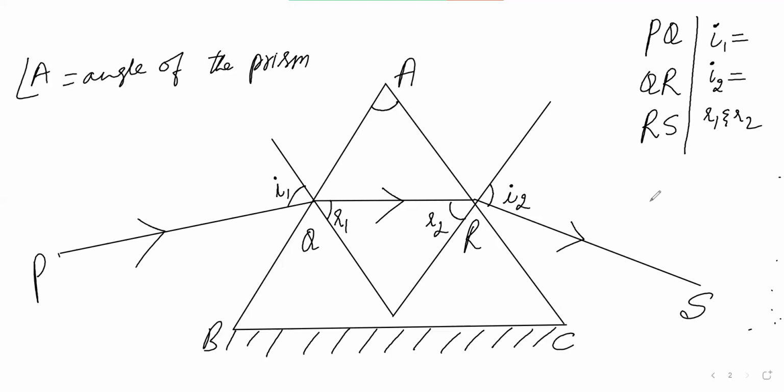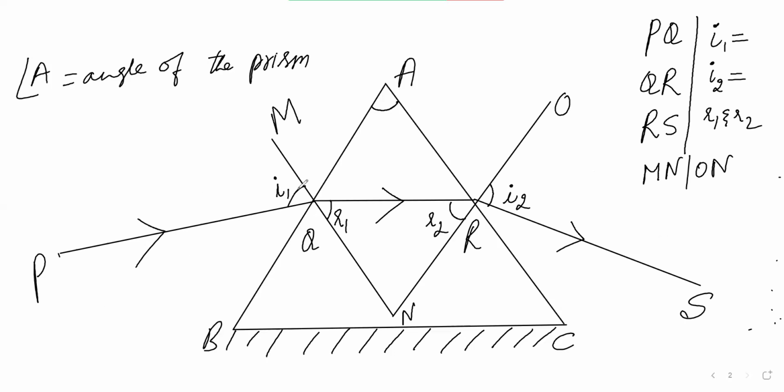Are you people noting down? Yes, sir. MN is the normal, ON is the normal. Okay, it's all about the different parts of the diagram.